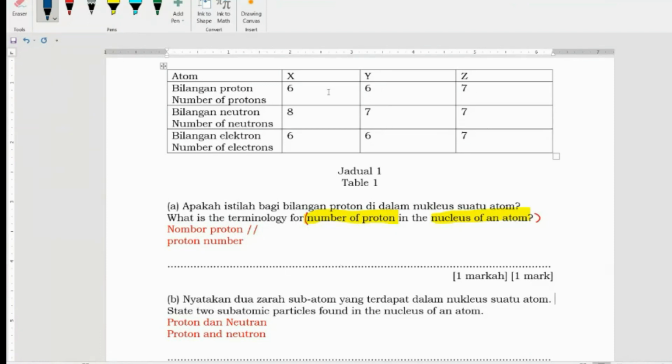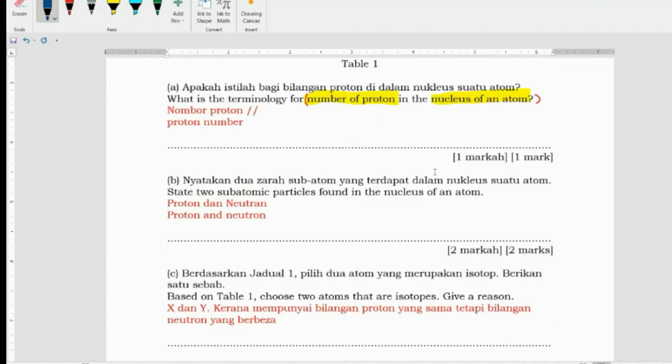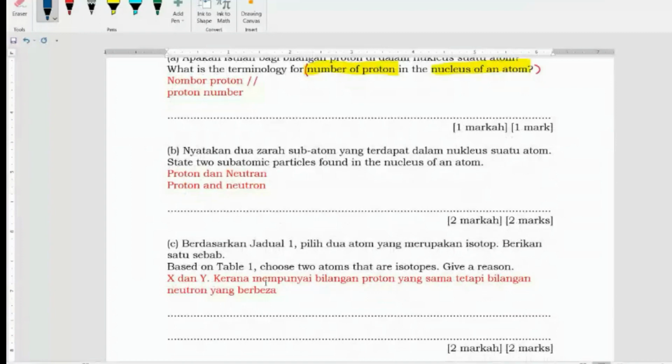X and Y. Okay, why did you choose X and Y? Because they both have the same number of protons but different number of neutrons. Yes, very good. Perfect answer. 2 marks.